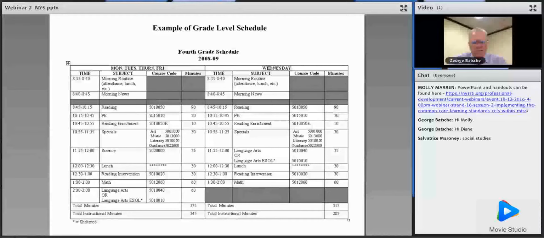The other thing I want to point out about the schedule is that this schedule is a 4th grade schedule. And in our MTSS schools, once we find a schedule that meets the needs of the kids in that grade level, that schedule follows the kids. So the 4th grade schedule becomes the 5th grade schedule. In addition, all of the special area teachers, plus reading support, special ed, counselors, etc., already have their time allocated for this group of students.